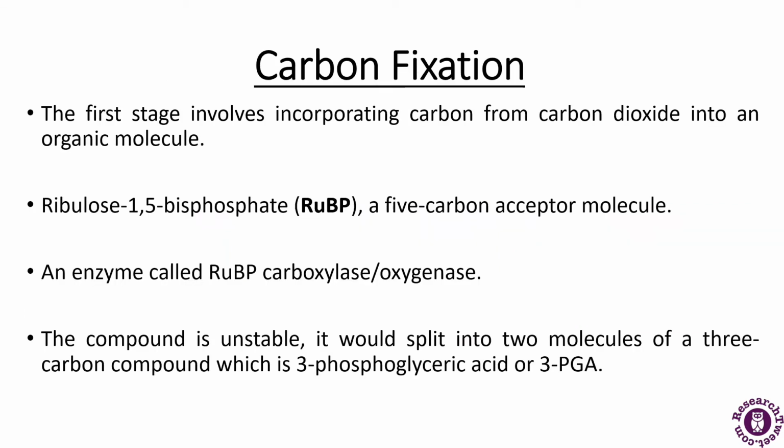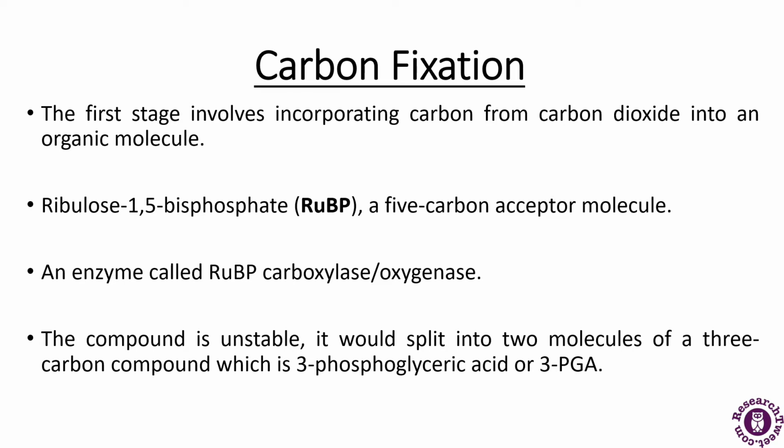In carbon fixation, the first stage involves incorporating carbon from carbon dioxide into an organic molecule. So here RuBP, the full form of RuBP is ribulose 1,5-bisphosphate, which is a 5 carbon acceptor molecule.